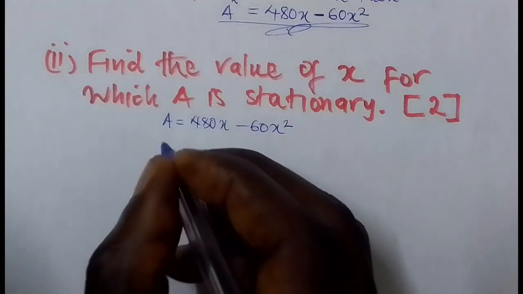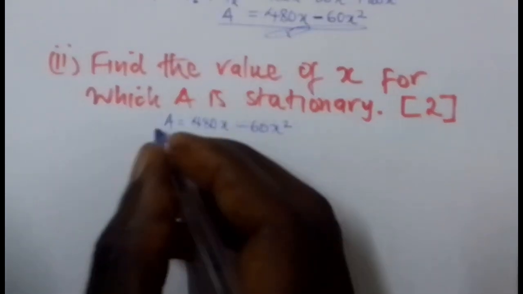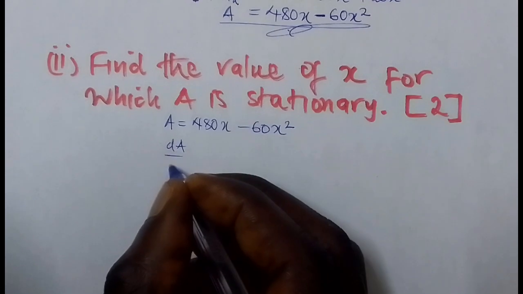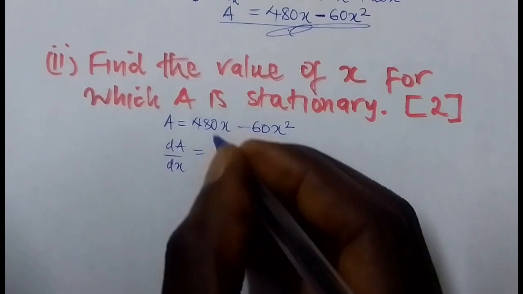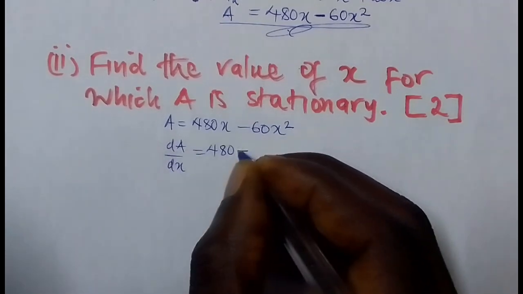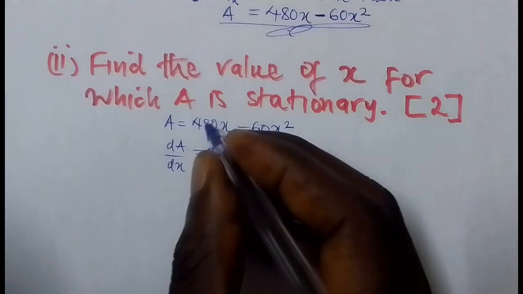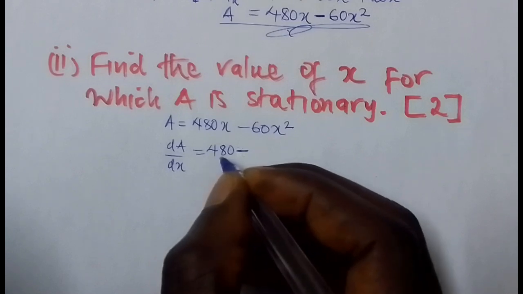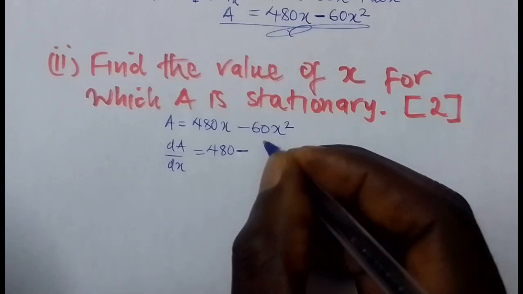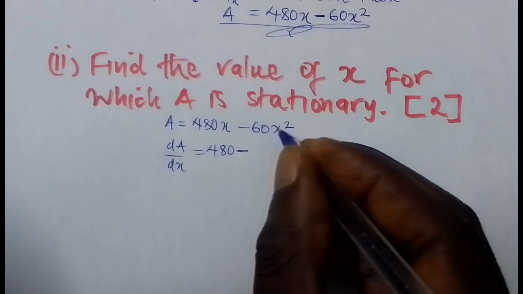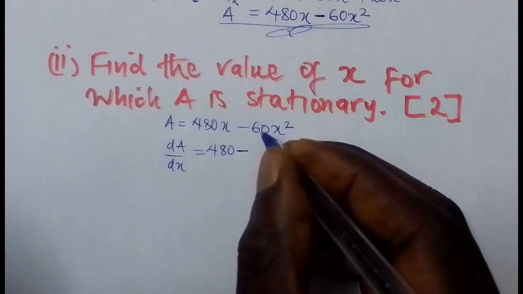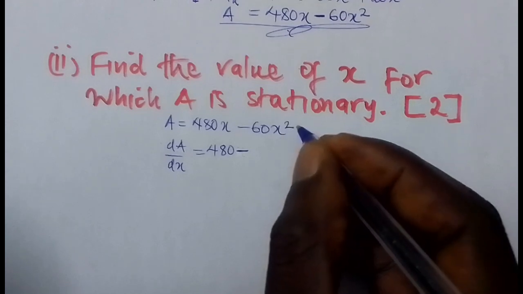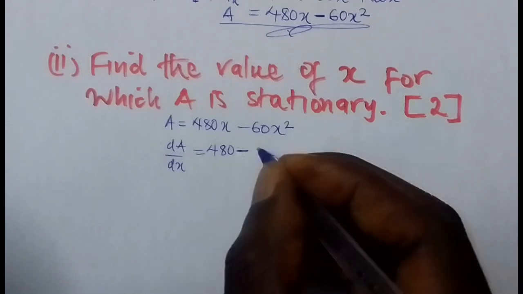So the condition here is if this is stationary, then we're looking at dA with respect to x, which is 480 minus, that is the derivative of the first part. 480x gives 480, then this one gives 120, because 2 is going to multiply by 60, and the power 2 on x will be subtracted by 1, which gives 1.